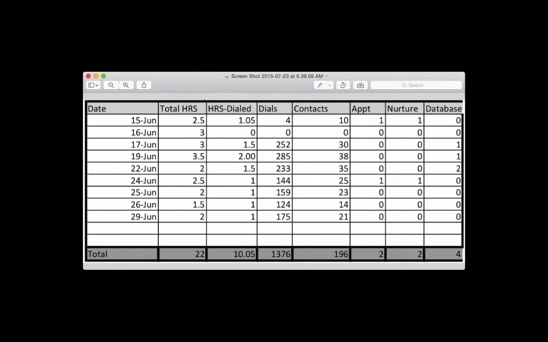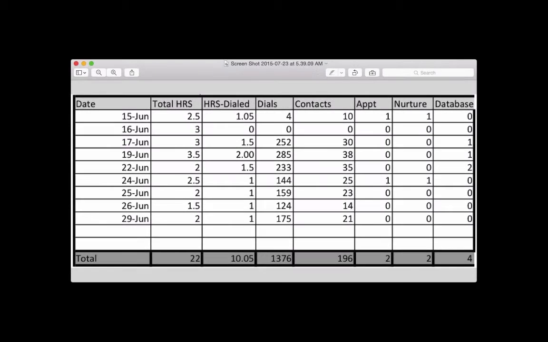Because you're trying to get 1 or 2 hot leads a week, but you are also trying to generate future business. And it'll dominate a farm. Yeah, absolutely.